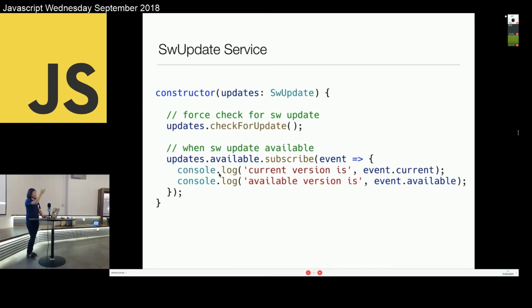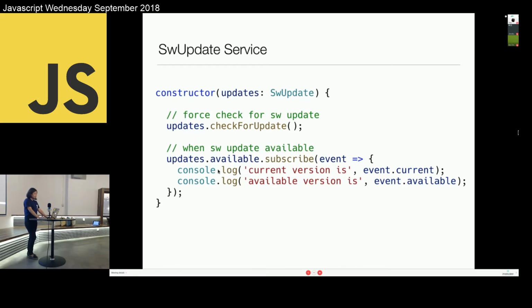For example, like he said just now, some people show a bar calling you to refresh whenever there's a new file. You can write that logic here whenever there's an update, or you can force a reload, or you can do nothing and just let the user wait for the next refresh. When the user refreshes the browser, they will get the latest update.